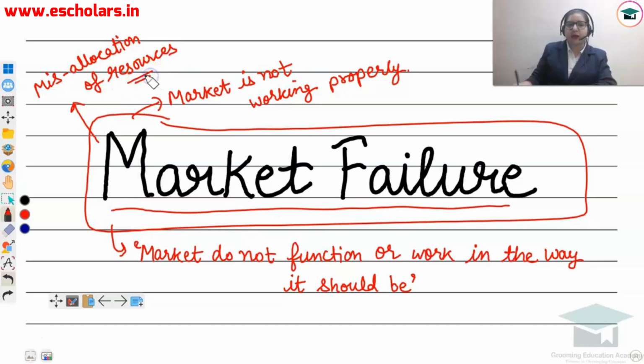That is, whenever the market fails to distribute the resources of the economy properly in order to carry out the production of goods and services. Basically, there is inefficient utilization of resources. That is, there is wastage of resources. Okay. So, market failure. What is the root cause of market failure? The root cause is basically misallocation of resources which are scarce in nature.